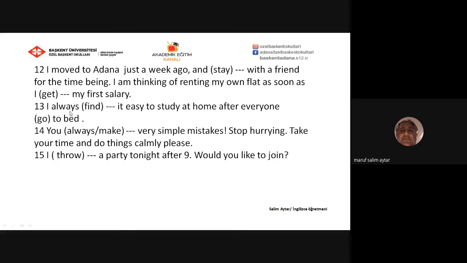Number 13 says, I always blah blah it easy to study at home after everyone blah blah to bed. It sounds to me that it is very present simple, huh? Okay. And here, you are in a way complaining in number 14, I guess.